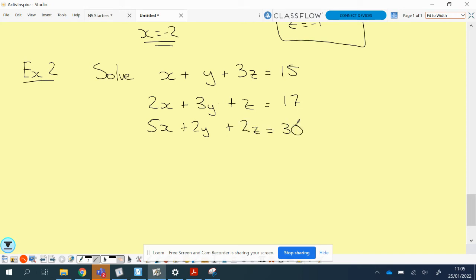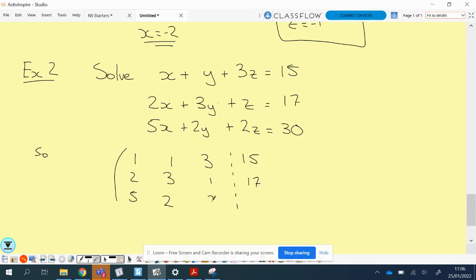Okay, so that's what we're going to look to solve in this question here. Okay, so we have our matrix. So we've got 1x, 1y, 3z's, and that would give me 15 on the top row. 2x's, 3y's, 1z, gives me 17.